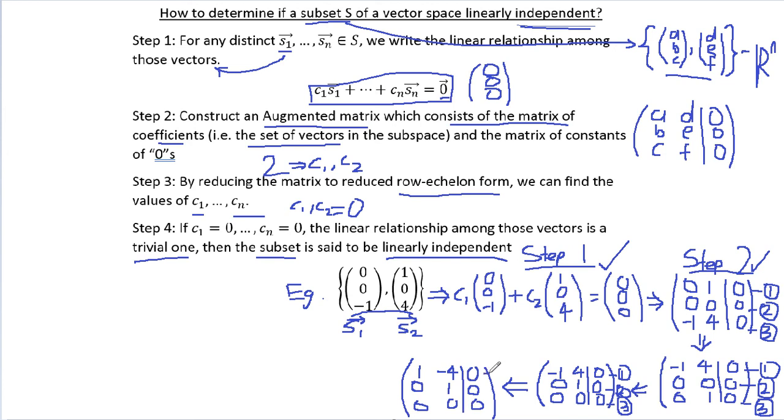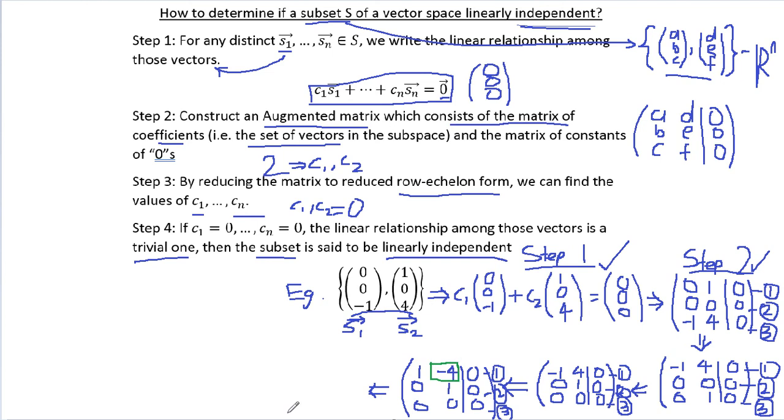Now we can make it reduced row echelon form by pivoting upwards, which means we start from column 3 where we eliminate the entry above the 1, which is this one. So we want to eliminate this entry here. From here we add 4 times row 2 to row 1.